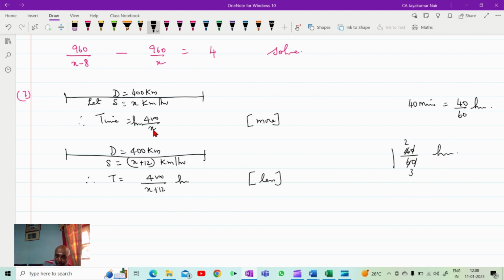So the difference between the times, 400 over x minus 400 over x plus 12, should be equal to 1 2 over 3. This is in hours, this is in hours, this is also in hours, and you need to solve this. You will get the answer.